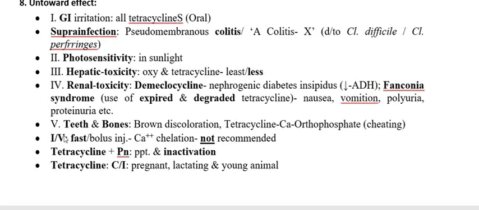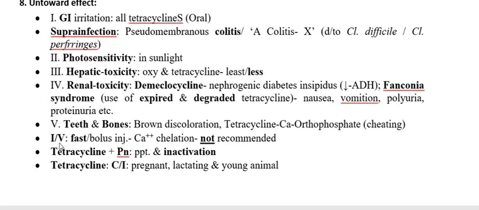So when you are administering tetracycline as an IV bolus very fast, what will happen? This tetracycline is going to chelate the calcium very fast, and therefore the availability of free calcium gets reduced. And as you know, the heart requires calcium. So once the calcium level gets reduced in blood, this is going to produce a problem for the animal.